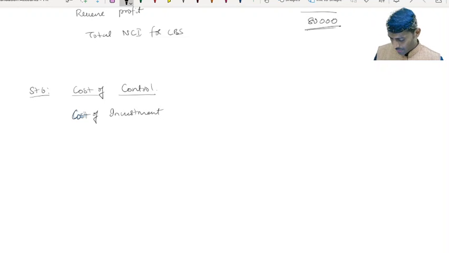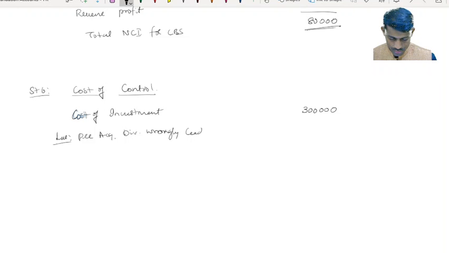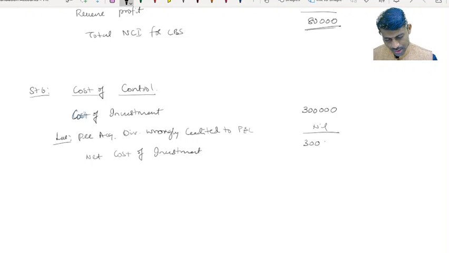Cost of investment given is 3 lakh. Less pre-acquisition dividend wrongly credited to P&L, nil. Therefore net cost of investment is 3 lakh. Less share of net assets.